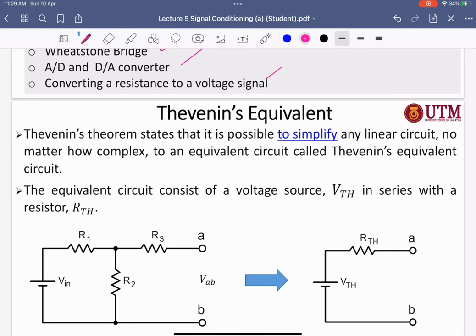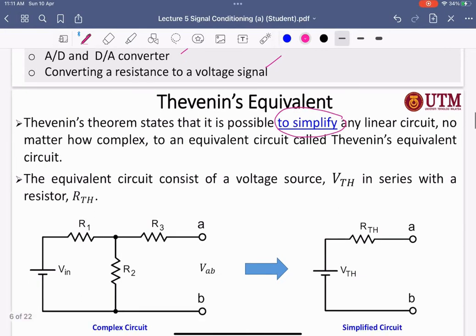For your information, the Thevenin equivalence, or we call it the Thevenin circuit, is used to simplify any linear circuit. For example, you have a complex circuit.